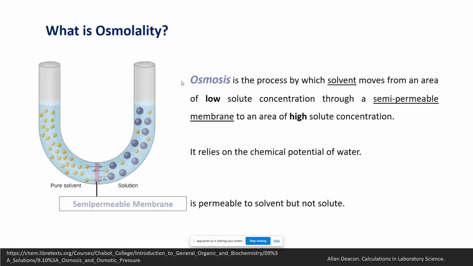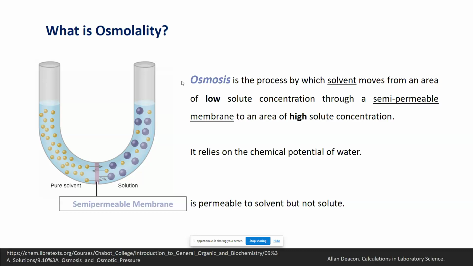A semi-permeable membrane is essentially permeable to solvent, but not solute. So semi-permeable membranes, such as cell walls, will enable the transmission of water, but not solute. Thus, changes in solute concentration will affect water shifts between compartments.